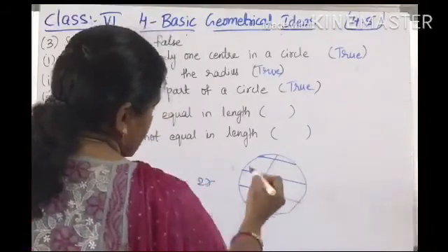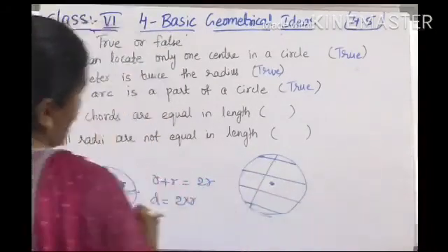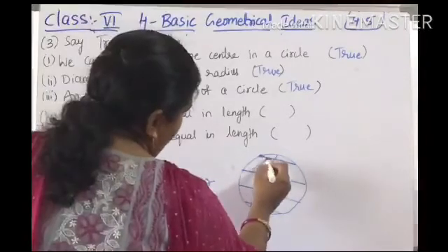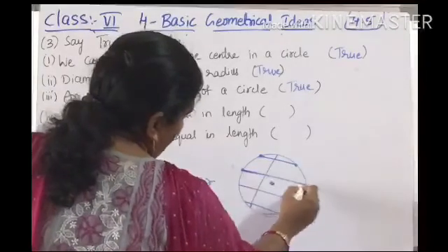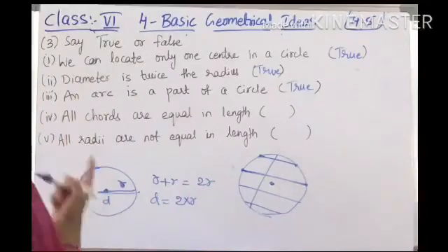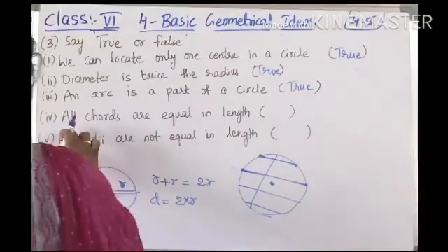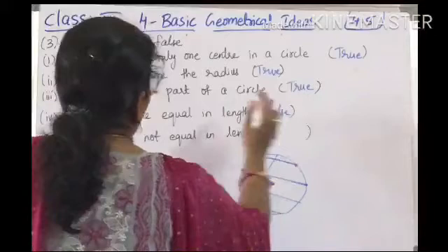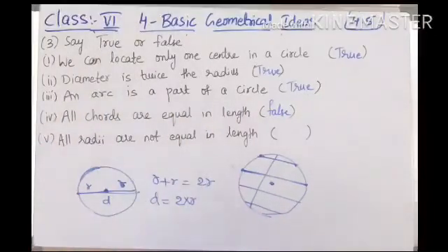These all are chords. Now, can you say they are equal or not? They are not equal because this one is very small compared to this chord, isn't it? So chords are not equal. Here they said all chords are equal, so it is false.